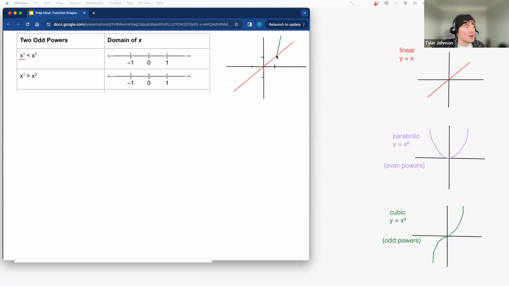And the cube crosses over at 1 and then goes under, and then crosses 0 and goes over, and then crosses -1 and it's back under. So the areas where the first power is underneath the cube, where the red line is under the green line, that's my positives bigger than 1, and it's also my negative fractions.